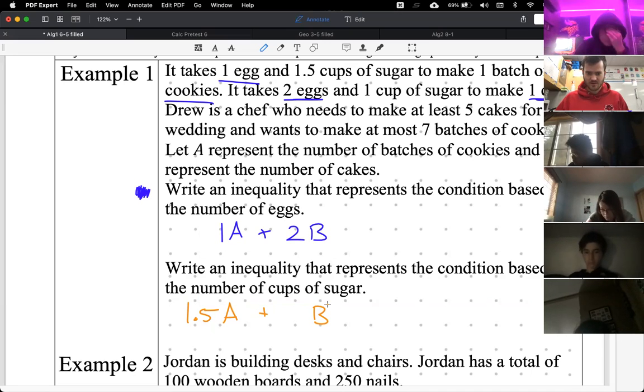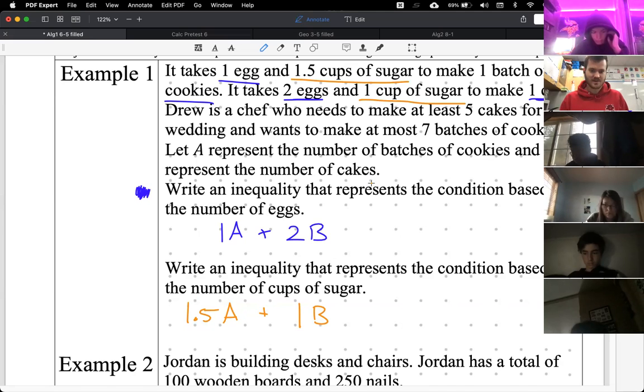And then what about for capital letter B? Ashley? 1 cup. Exactly, yeah. Because it says 1 cup of sugar and then 1.5 cups of sugar. Perfect. Now the challenging thing here is how do we make this into an inequality, something that actually makes sense, something that we could help solve.